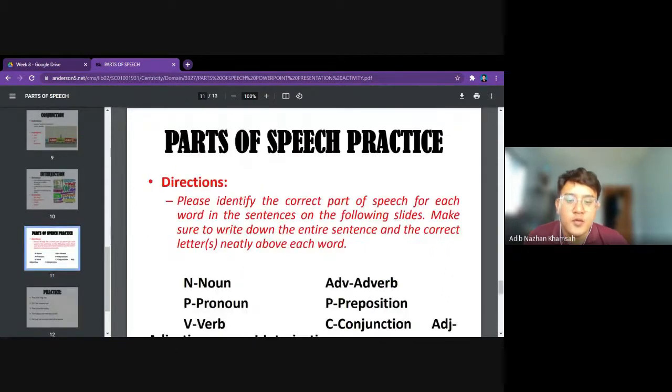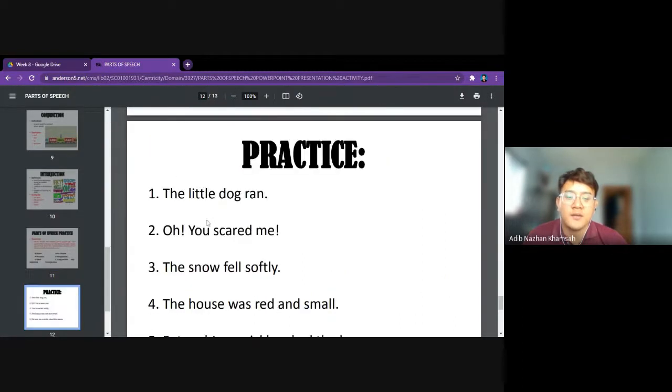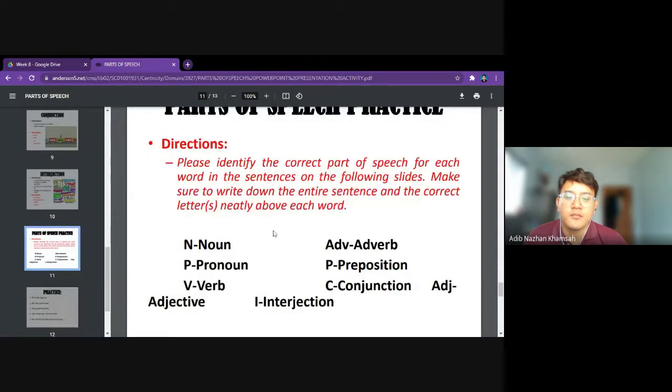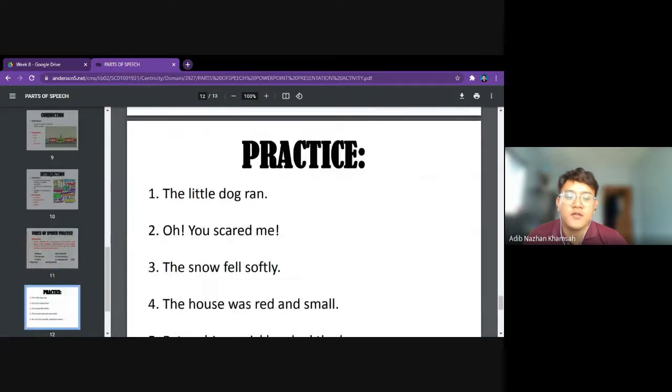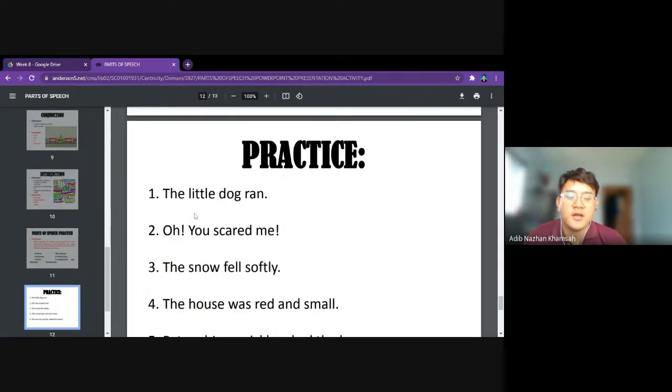Okay, so this is a practice. What I want you to do is identify the part of speech correctly in the words. Make sure you write the entire sentences. Say, for example, the little dog ran. Little, apa dia? Adjective, because it's used to describe the noun dog.